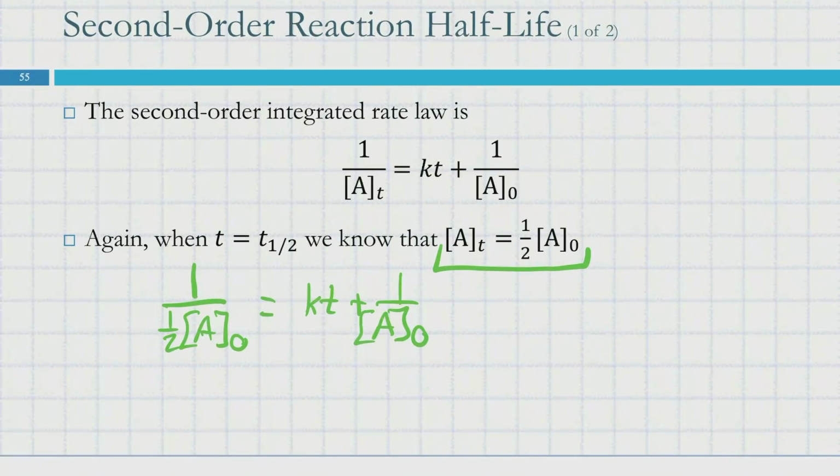We can turn this left side, that 2 can flip up to the top. So 2 over the initial concentration. And we want to move that 1 over concentration A naught to the left side.